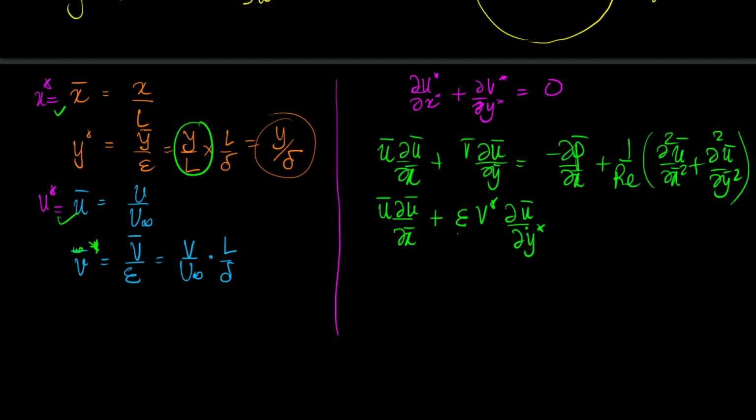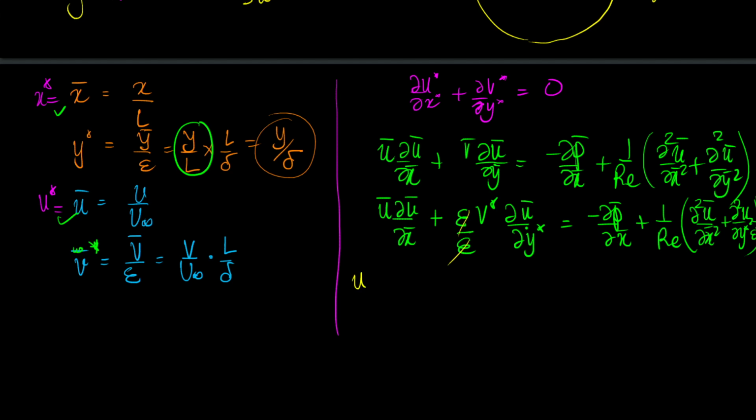So minus del p bar del x bar plus 1 upon Re del 2 u del x 2 plus del 2 u del y star 2 times 1 upon epsilon square. So this epsilon cancels out.